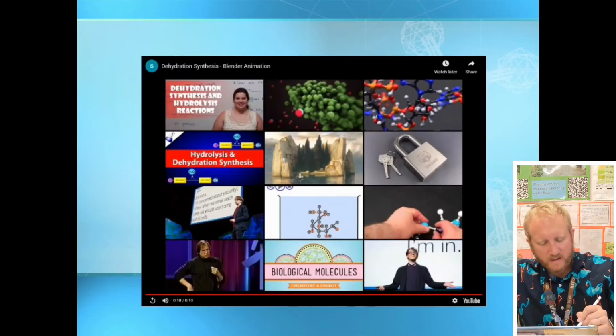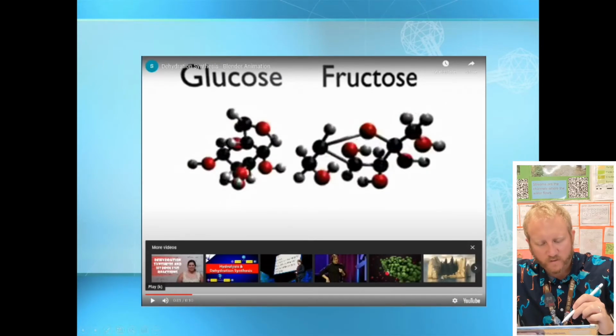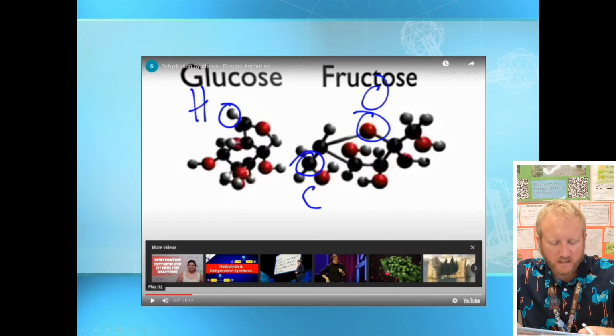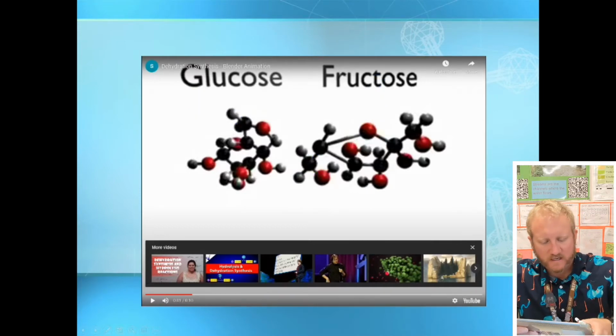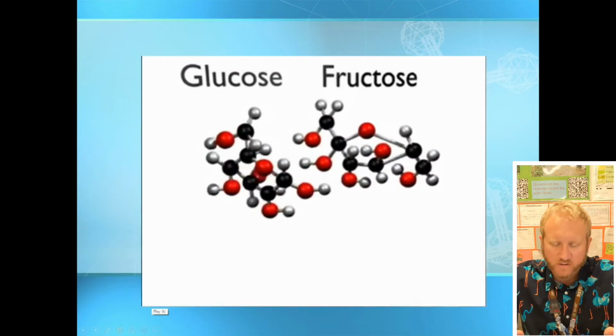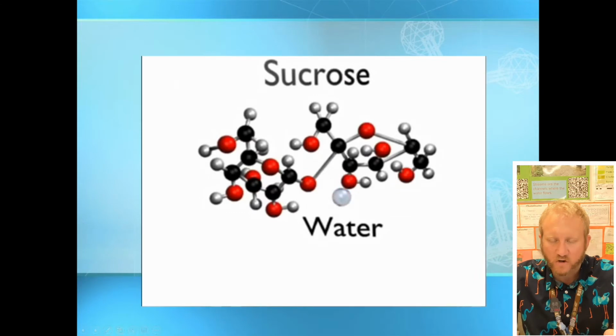So let me go back and, okay, so the carbon is black, the hydrogen is white, and the oxygen is red. And so basically what ends up happening is we've got our two monomers, and a hydrogen and an oxygen are going to come out.